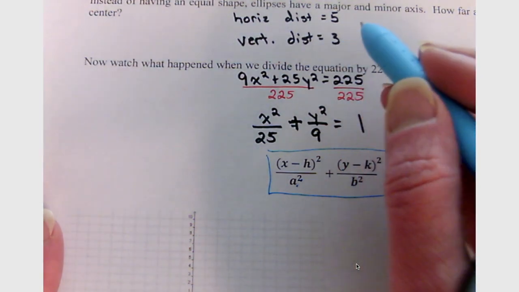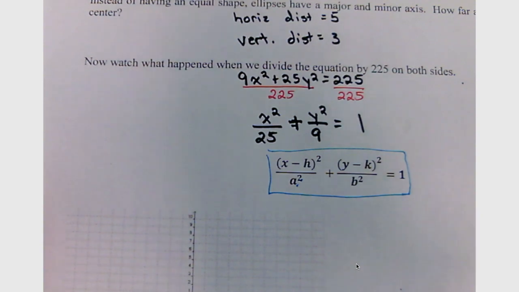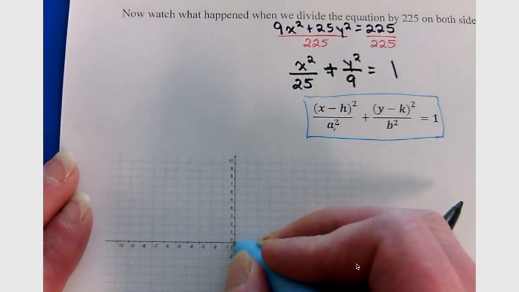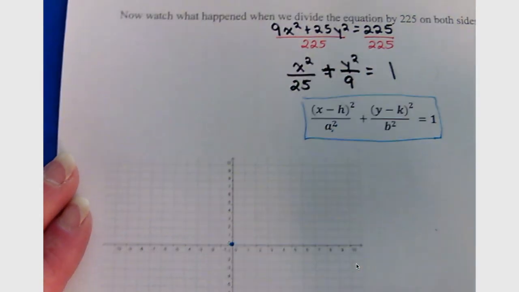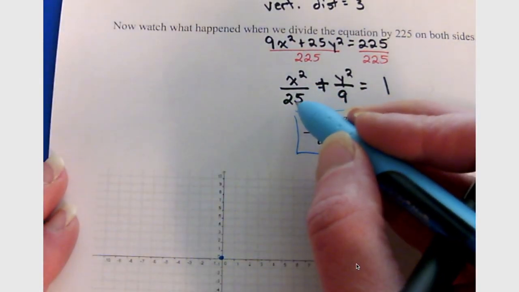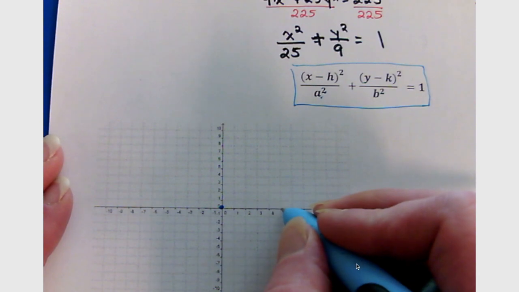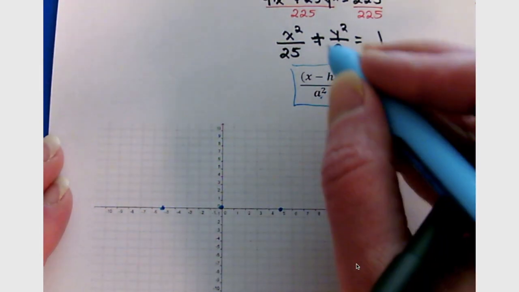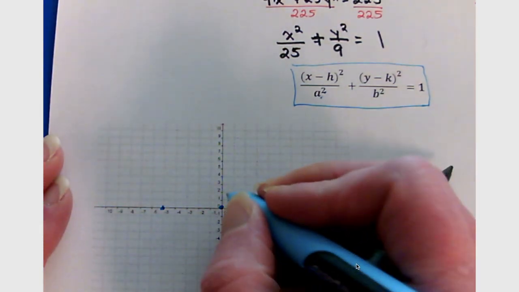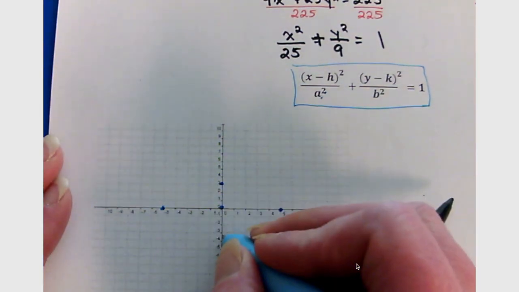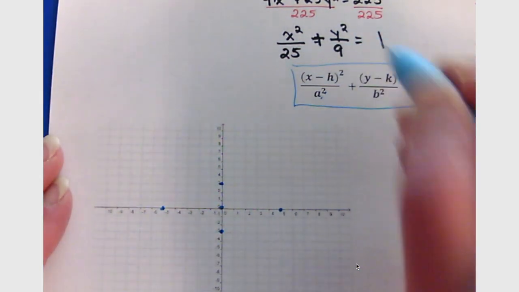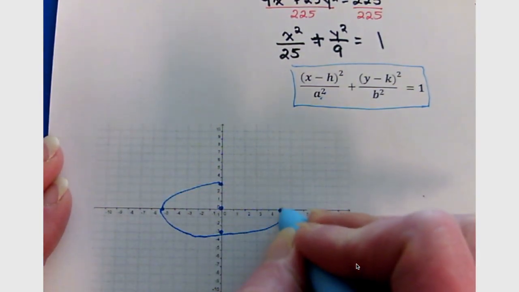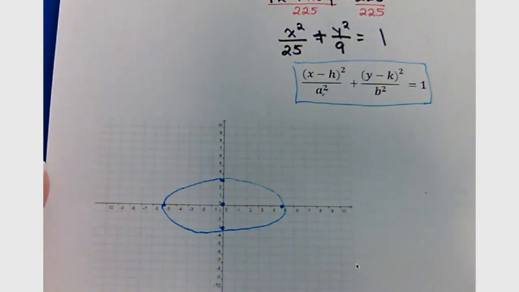It's the vertical distance squared. So we had a center at 0, 0. Because this is a 25, we're going to count out 5 each direction horizontally since it's under the x, and 3 up and 3 down on the y's. And that gives us a beautiful almost ellipse.